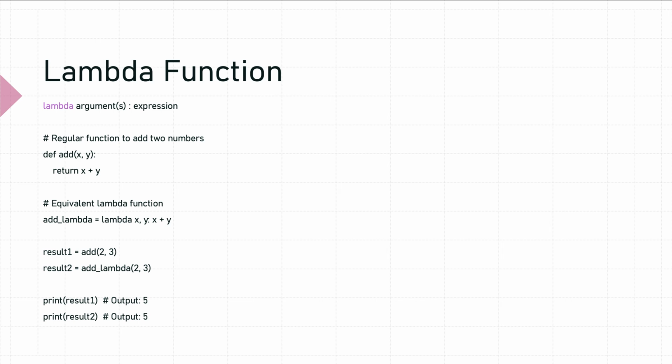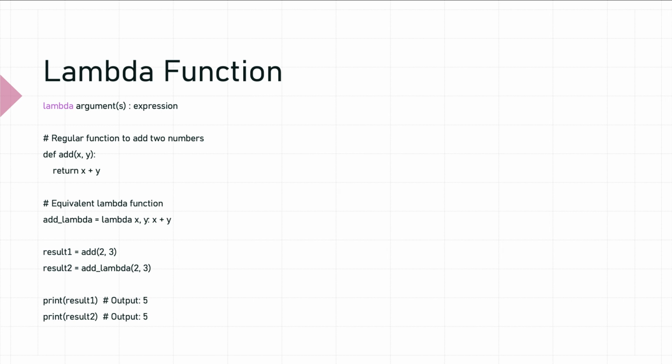We start with the word lambda, then pass the needed arguments, which are x and y, then a colon, then the expression, which in this case is adding the two arguments together. And all this is assigned to a variable called add_lambda. And then we see that we call both the add function and the add_lambda function the same exact way. Then we print out the results, which both will yield an output of 5.